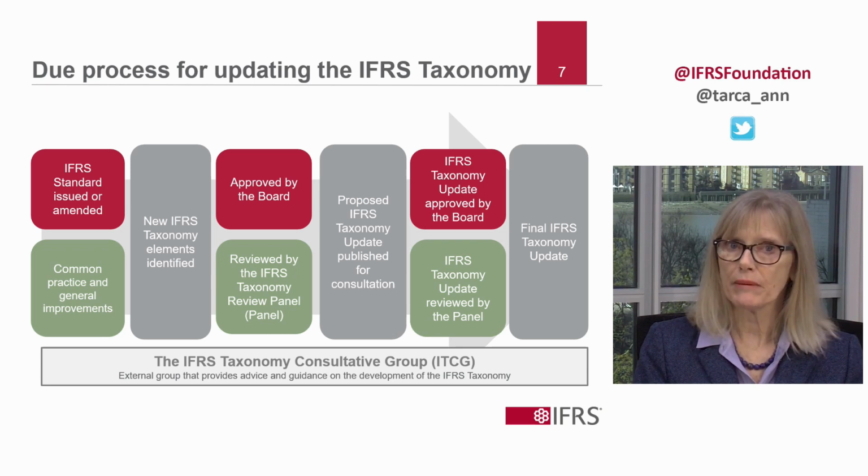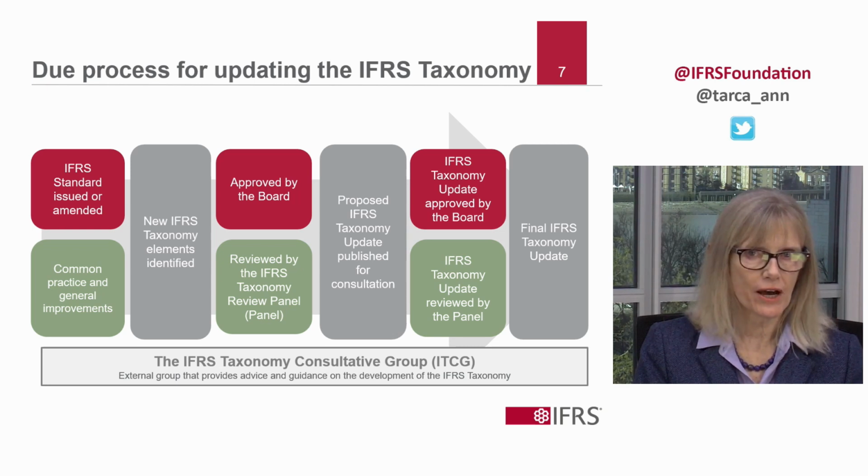This is done through the publication of a proposed taxonomy update. In addition, the IFRS Taxonomy Consultative Group provides technical advice and guidance on all updates to the IFRS Taxonomy. The group consists of external experts with appropriate knowledge of accounting and taxonomies.